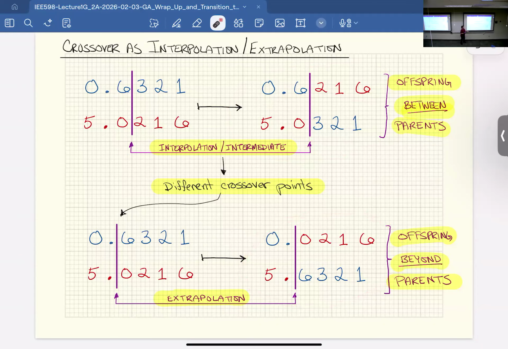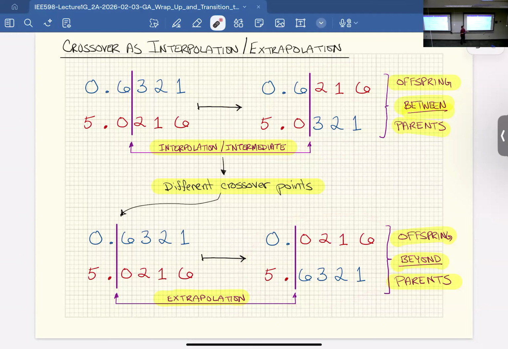I mean, it would swap, but I'd basically just be swapping the identities of the two. So I wouldn't actually be creating a new offspring, because these digits would go here, these digits would go here, and now the two offspring would have no genetic difference from the two parents. They just happen to switch their position in our indexing, which doesn't matter.